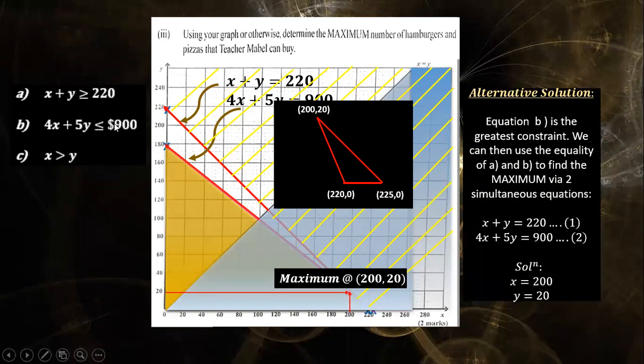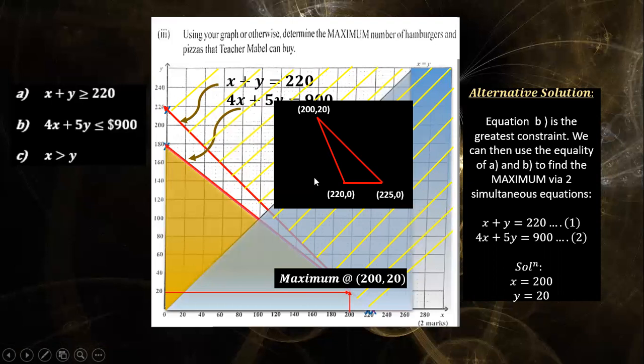So we're going to use these two as the simultaneous equations, and if you solve this, you're going to get x is equal to 200 and y is equal to 20. So in all, it's going to be 220, but the maximum will be 200 hamburgers and 20 pizzas. And again, in a real life situation, most likely she would have bought hamburgers and pizzas, okay? And not simply all hamburgers, as indicated here.